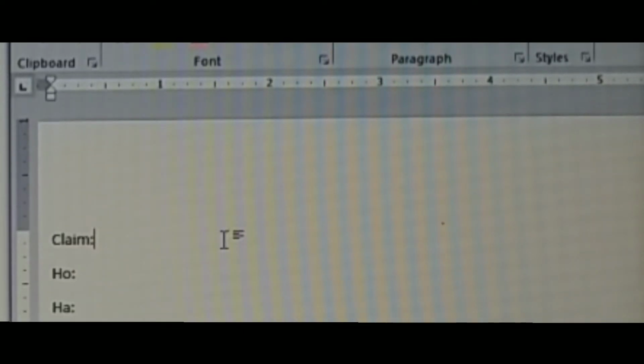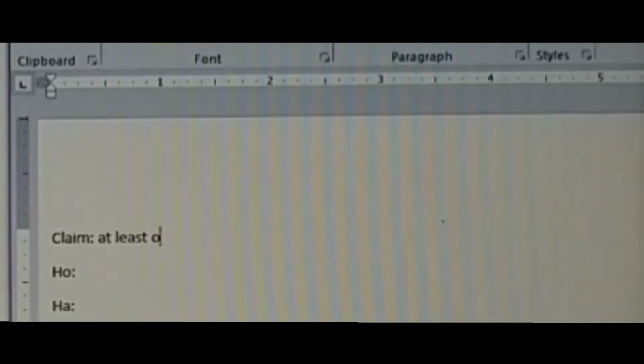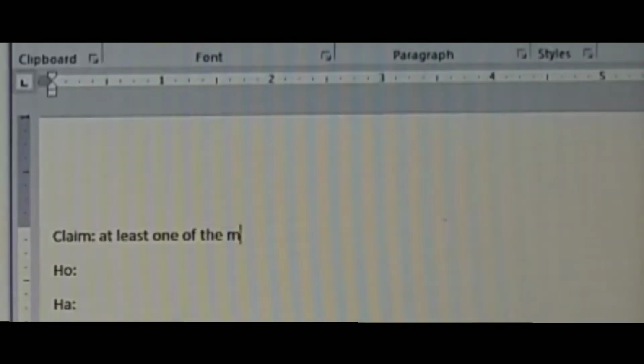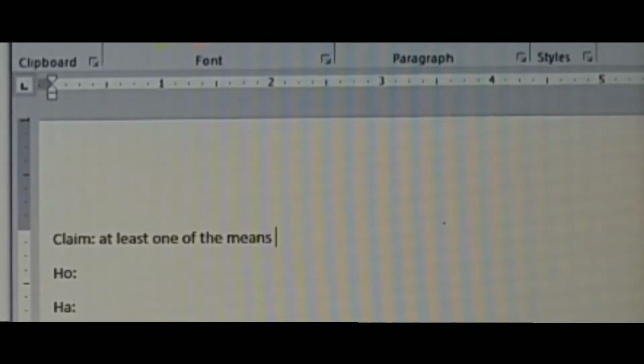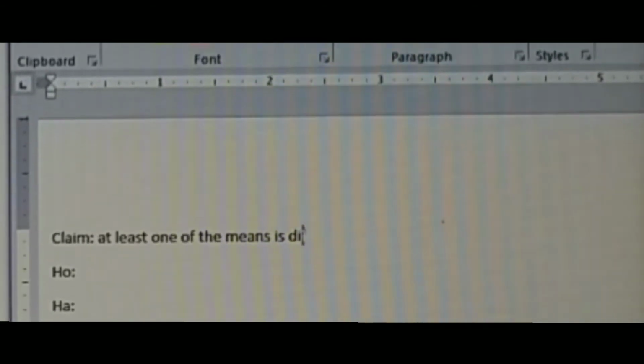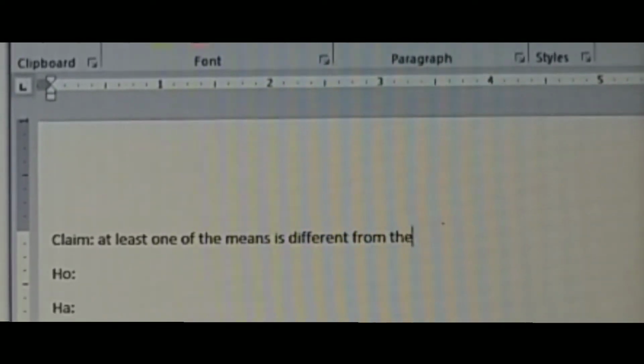So let us write it here. We may say at least one of the means is different from the others.